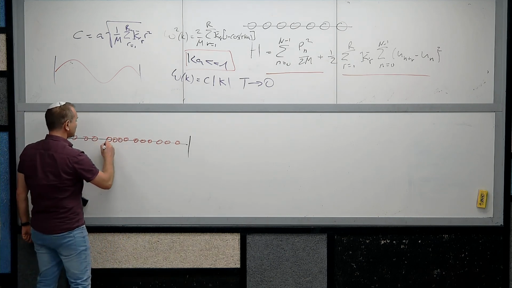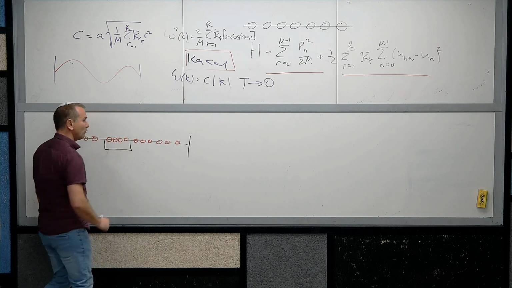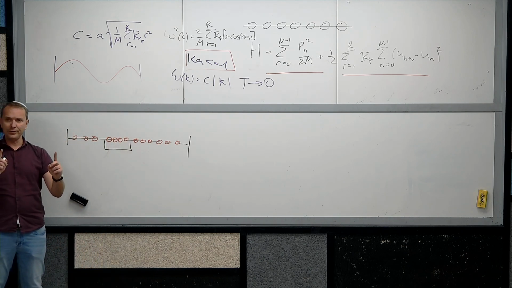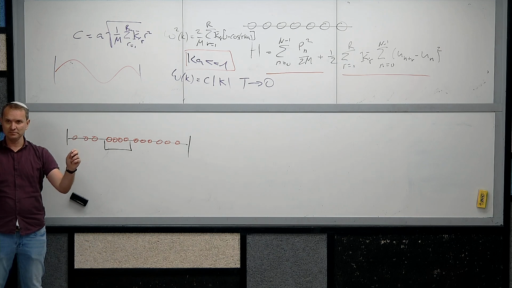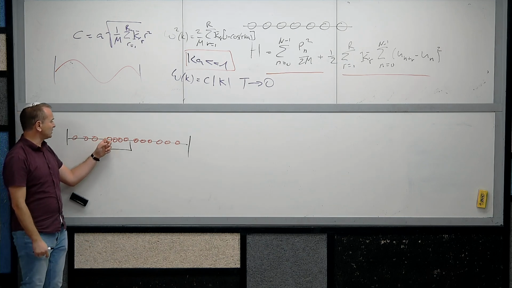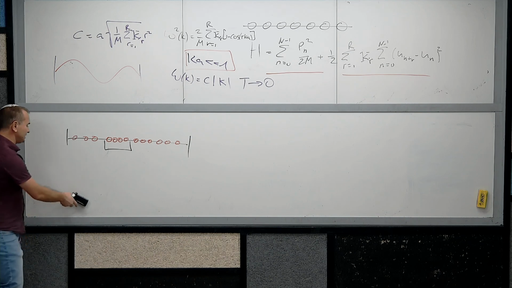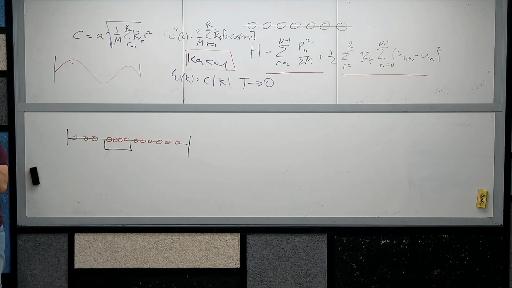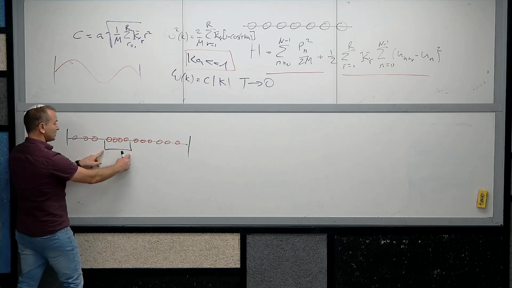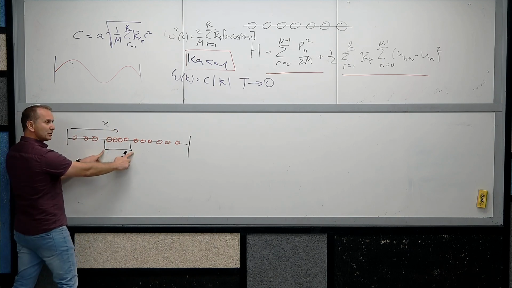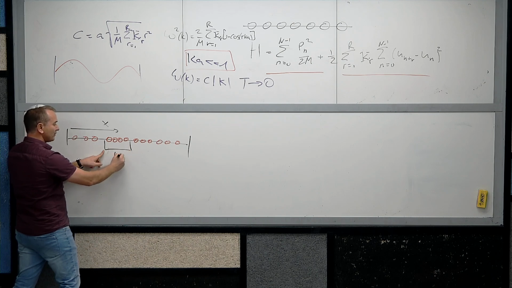What do I mean by coarse graining procedure? For my coarse graining procedure, I look at a specific window of my system, and instead of saying there is particle number 1 and number 2 and number 3 and number 4, I assign a specific number. So this is position x, and I assign a specific number to all of those particles together.